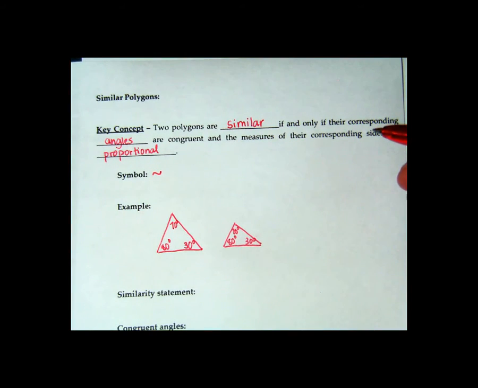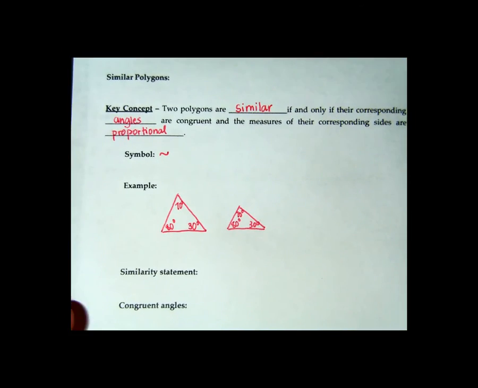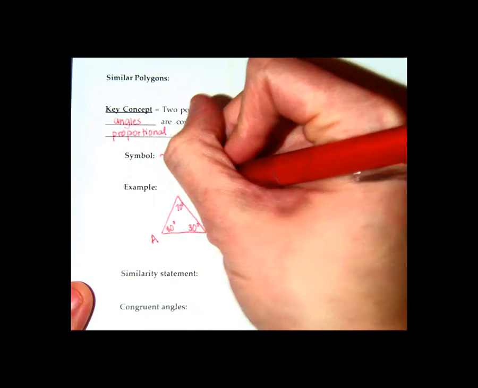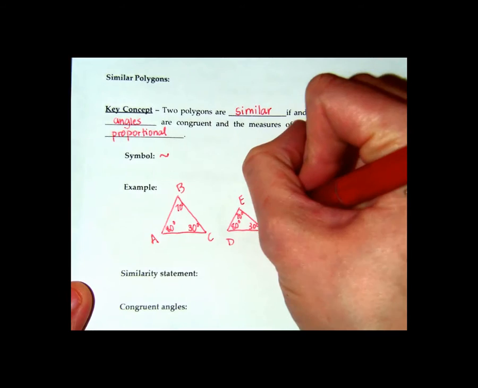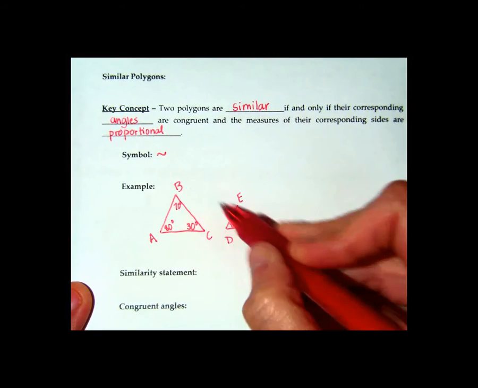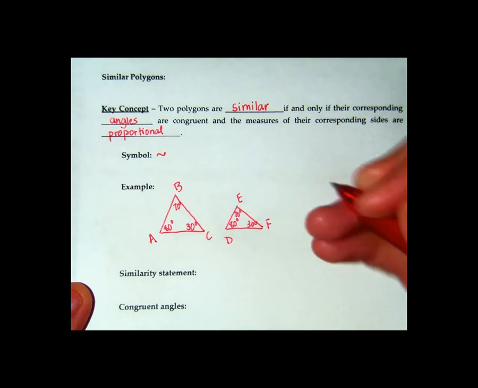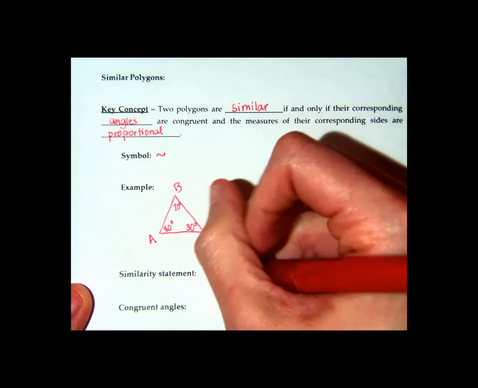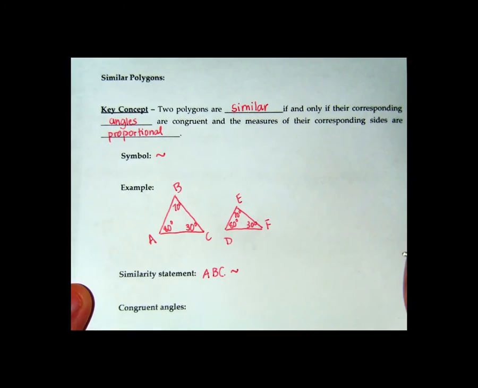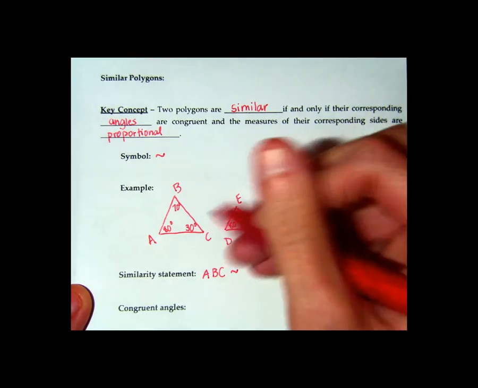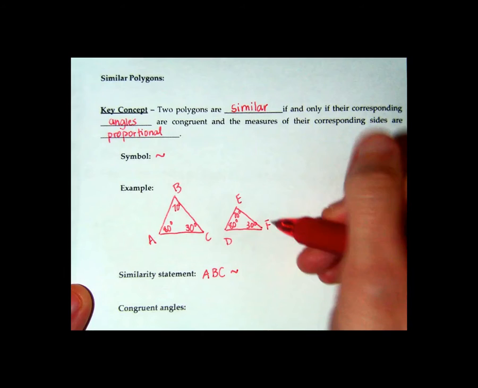Okay. Then we have a similarity statement. Let's name this first: A, B, C, D, E, F. So our similarity statement, we're going to look at the measures of our angles here. ABC is similar to DEF.